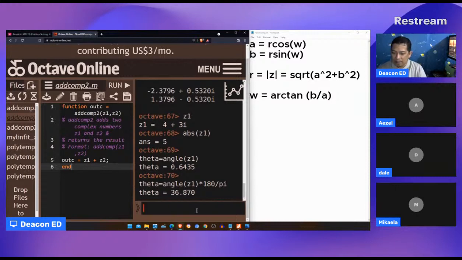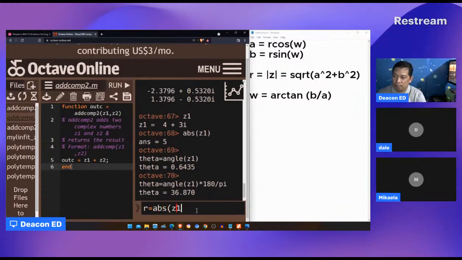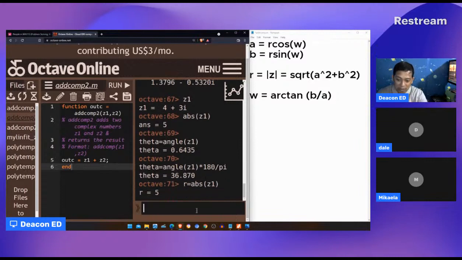And then we have here also the exponential form. Pero exponential form, babalik yan dun sa rectangular, no? So if you have your R, which is your absolute value, that's equal to 5.